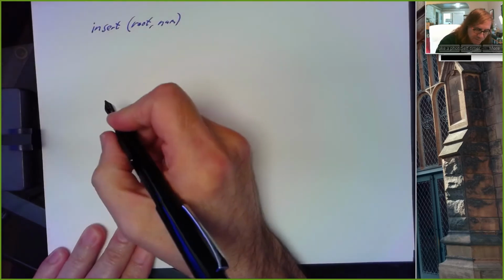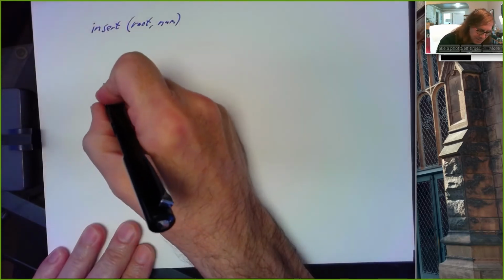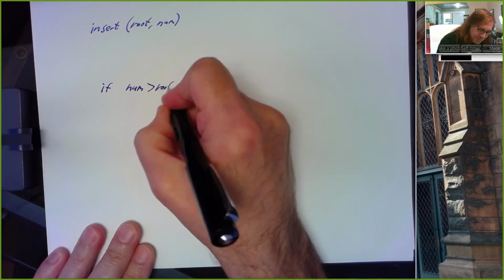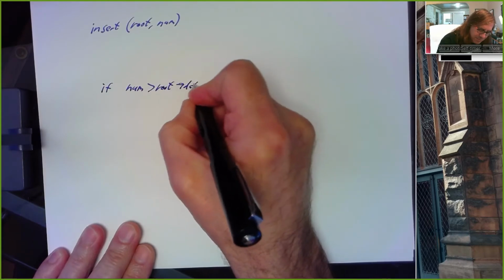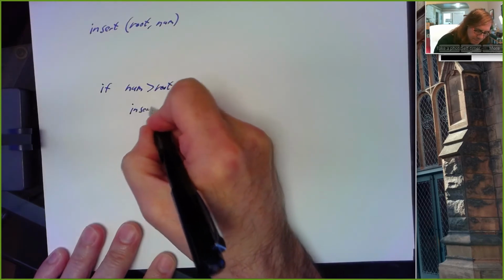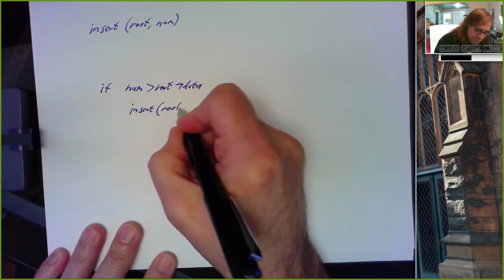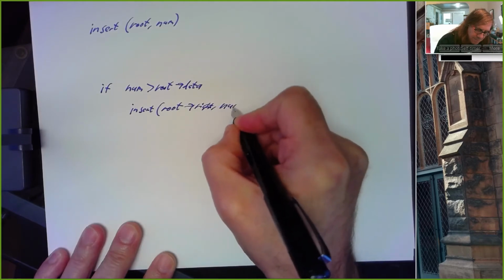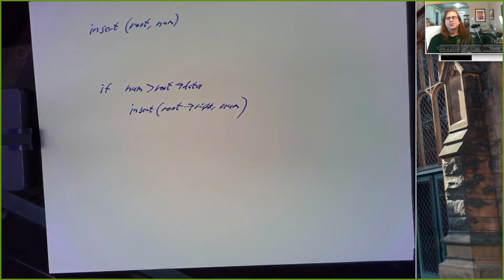So this is going to look mostly like 2 lines. If our number is bigger than the root data, insert our number into the right subtree.